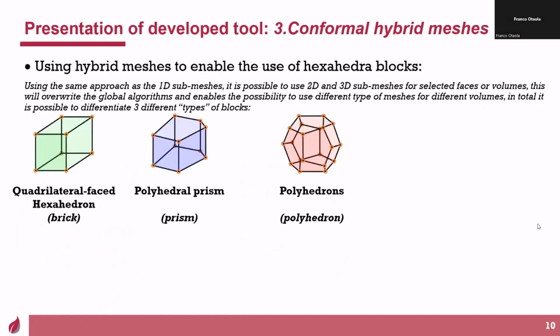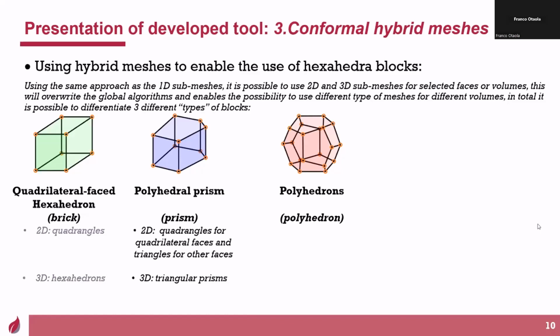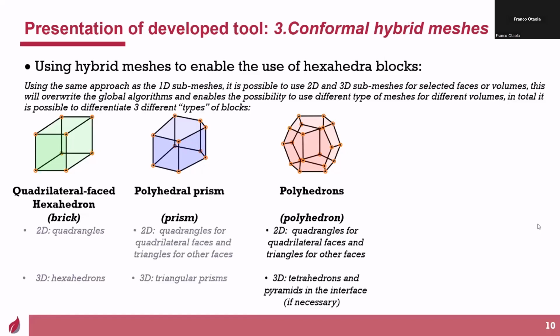So the other thing I added is to use Salome to create conformal hybrid meshes. We can classify the different types of blocks in three types: quadrilateral bricks, polyhedral prisms, and polyhedrons. So the idea is that bricks are going to be meshed with a structured mesh, prisms are going to be meshed with triangular prisms, and polyhedrons with tetrahedral meshes.